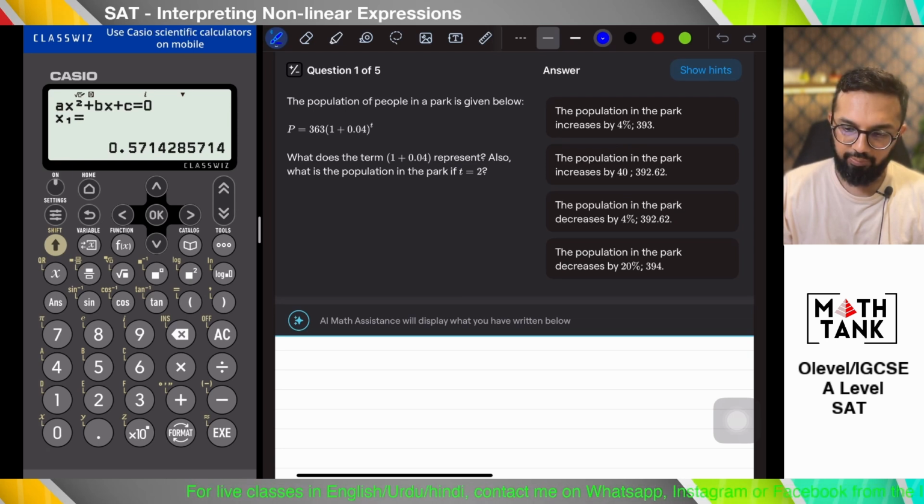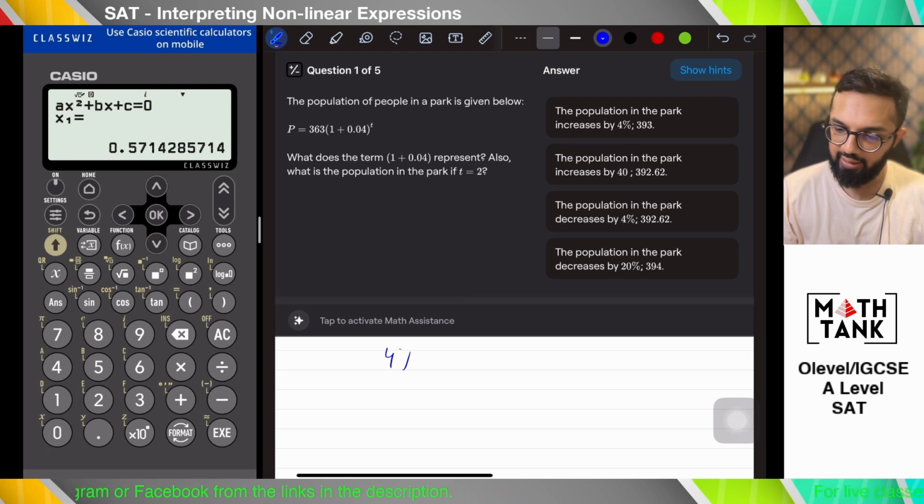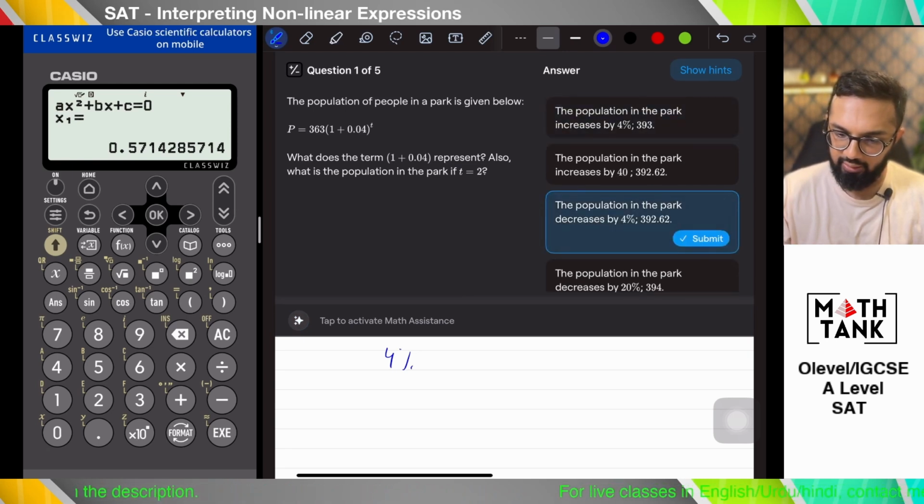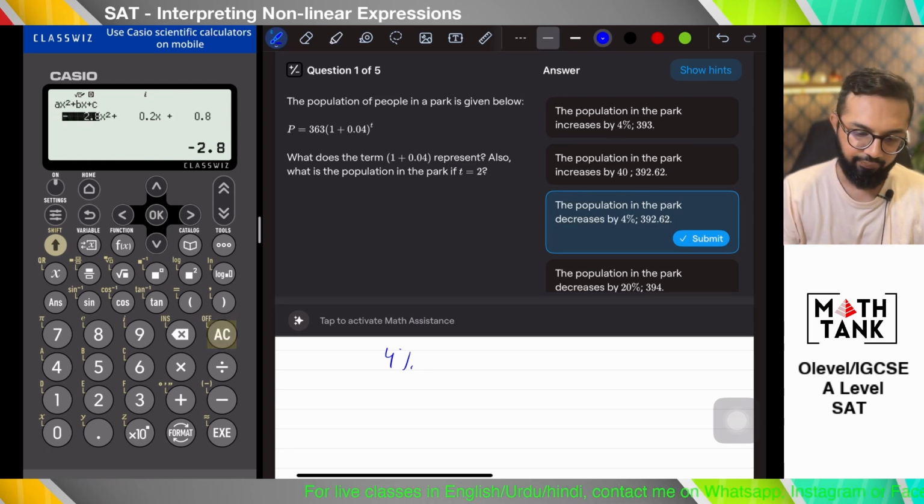The population of the park is given by this. What does the term 1 plus 0.04 represent? Also, what is the population in the park if t equals 2? So it represents a 4% increase. So the answer is either A or C, and I'll have to multiply and see.